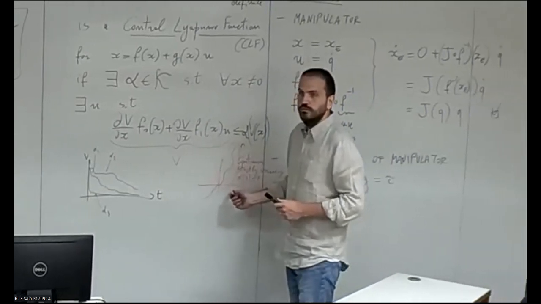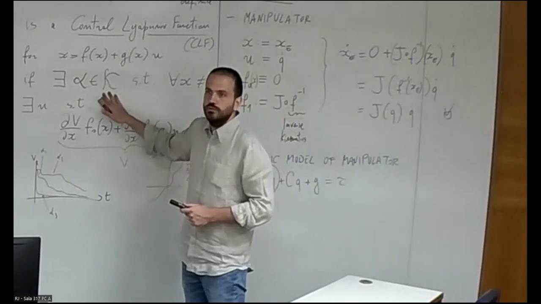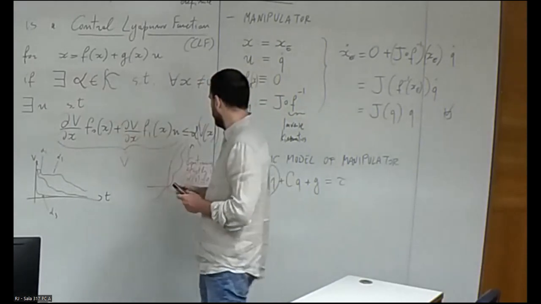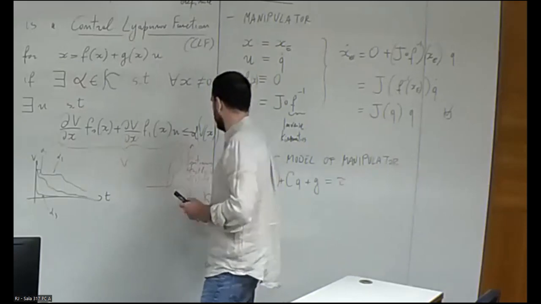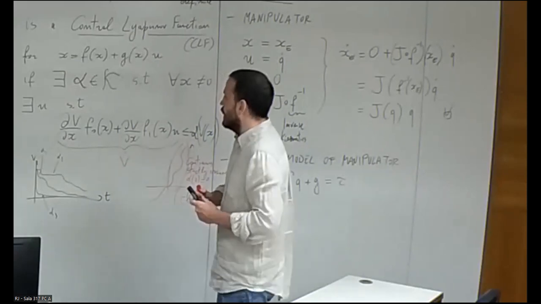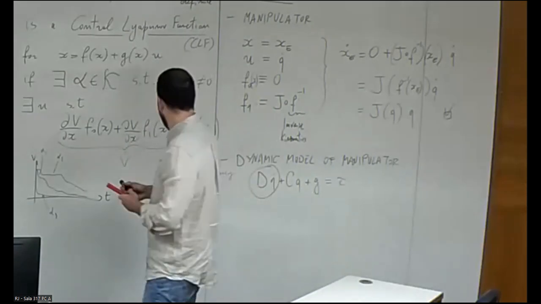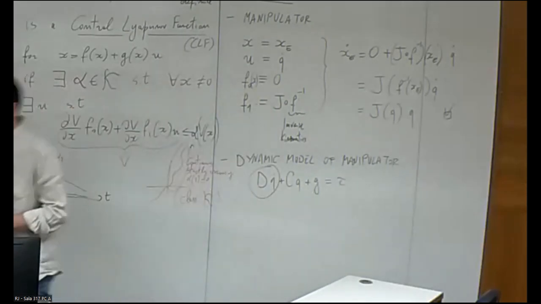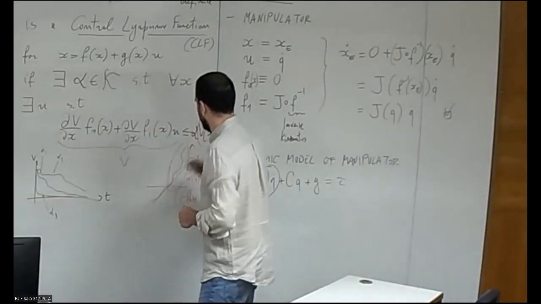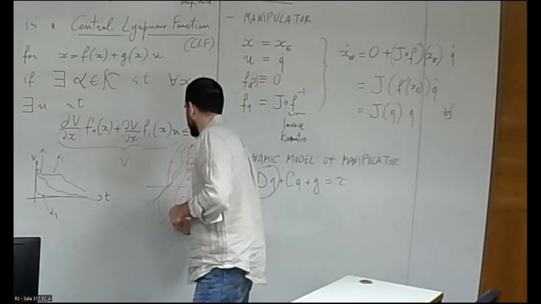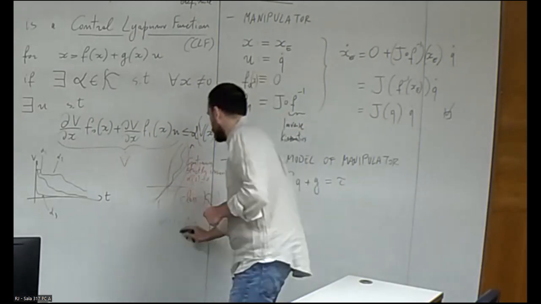One straightforward function that satisfies these properties, which is a class K function, is the linear function. This is alpha of s equal to a times s, for a greater than 0.